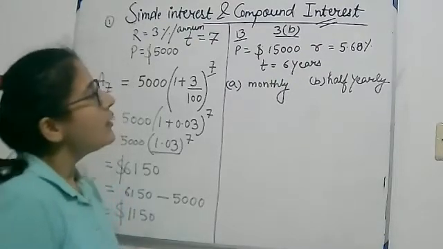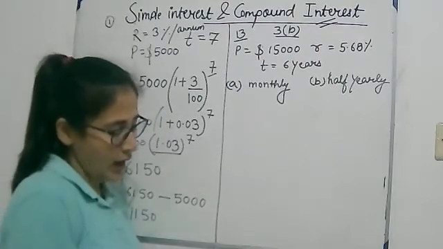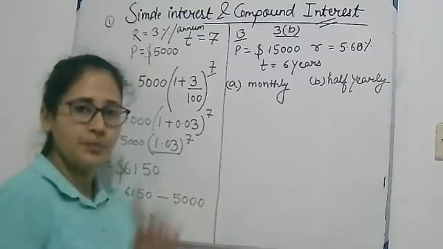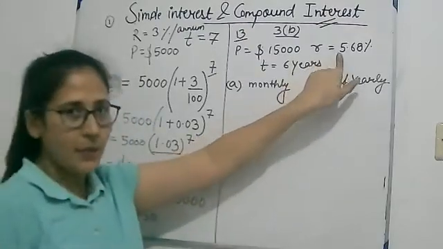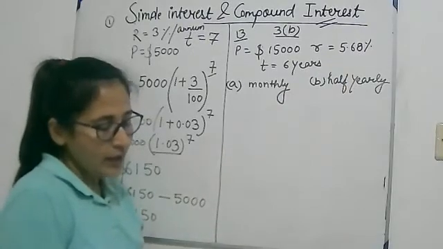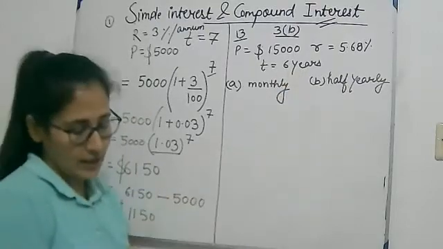The question is: someone deposited $15,000 in an account that pays 5.68% compound interest per year. Find the total amount in the account after 6 years.